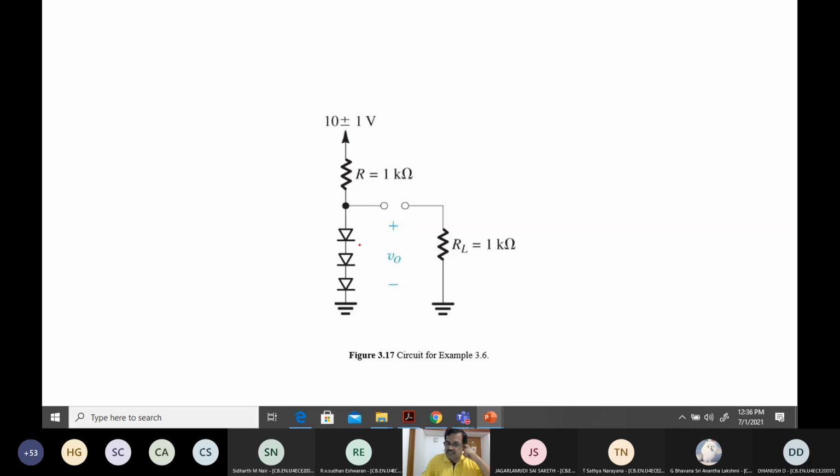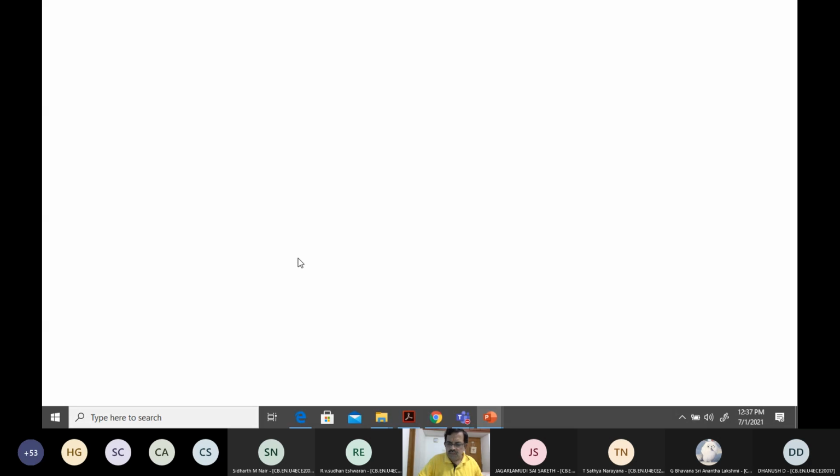With one single diode you can get 0.7 volt nominal voltage regulation. But if I use many such diodes in series, I will get multiples of this 0.7 volt. So in this case, there are 3 diodes connected, so essentially the nominal voltage in the absence of the load will be 2.1 volt.